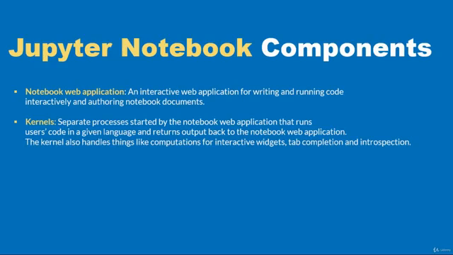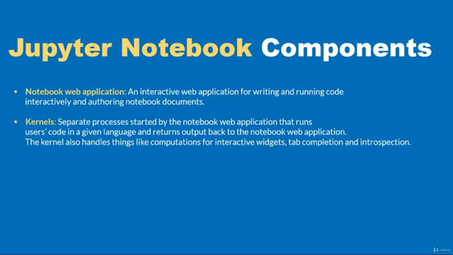And what it does is return the output back to the Notebook web application. The kernel basically handles things like computations for interactive widgets, tab completion, introspection, and other bits and pieces. So the kernel basically interacts with the Notebook web application.